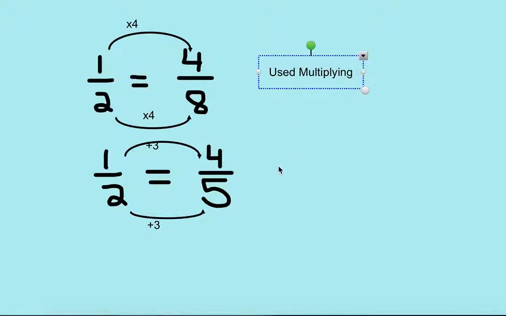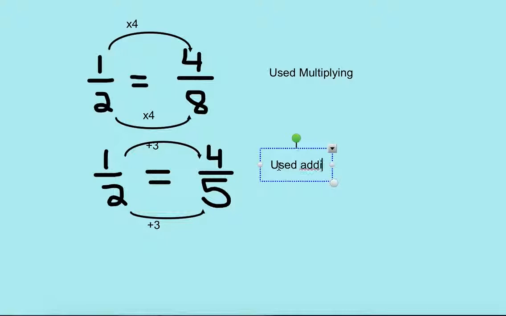Multiplying was applied to create an equivalent ratio. Down here they used addition to create an equivalent ratio. So let's see which one is correct. Is 1/2 equivalent to 4/8? Well, it's 4/2 of 8, and I believe so. That is correct. Let's check down here. 1/2 is 4/2 of 5, and it is not.